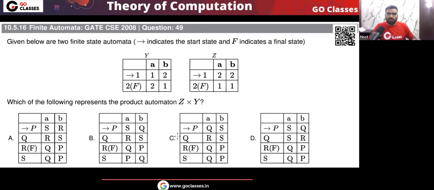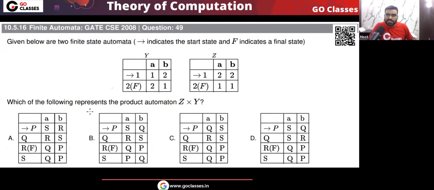Now I want to ask you one question. The question is asking about product automata Z cross Y, but we know that we can create product automata for union, intersection, set difference, symmetric difference, yes or no? Then tell me, for which operation are they asking? Can anyone tell me?